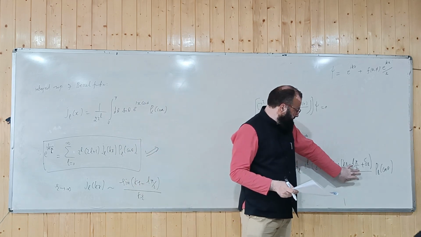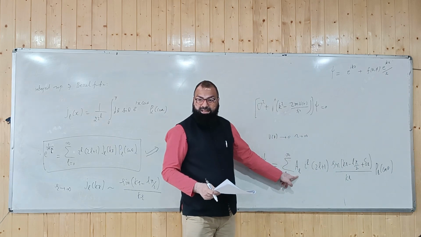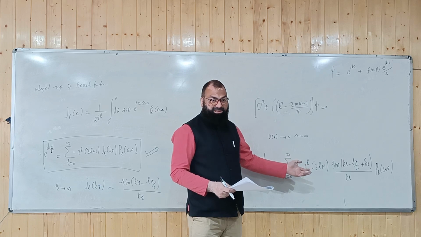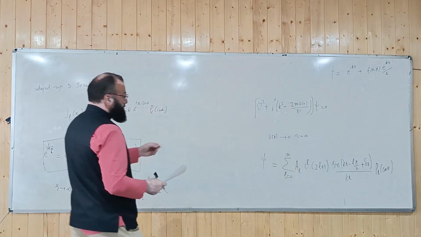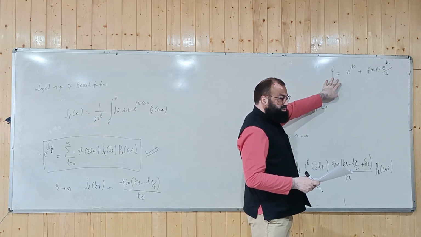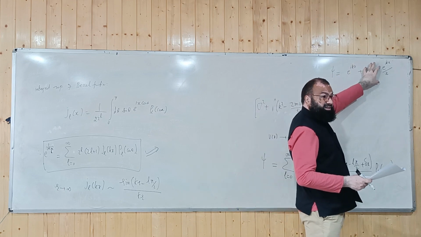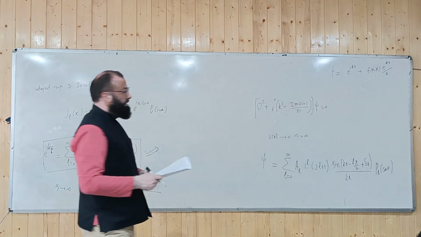That's why I have introduced a phase here, and the constant L. It will be different for every angular momentum state. Now you have figured out psi in the asymptotic limit. From there I can obtain this f of theta.